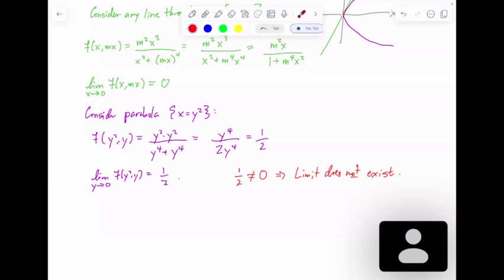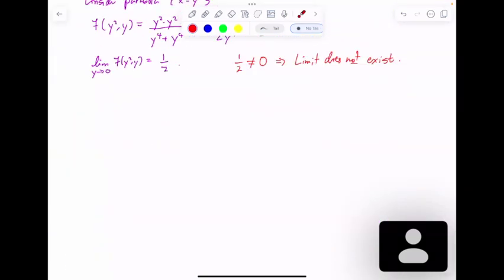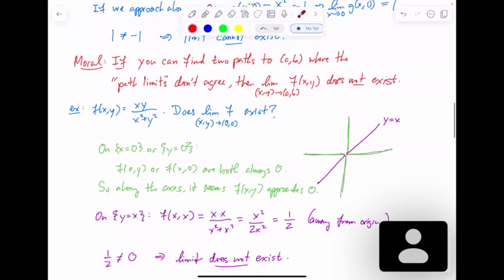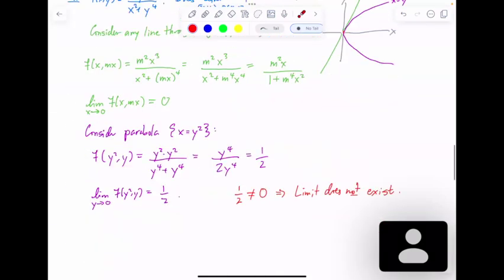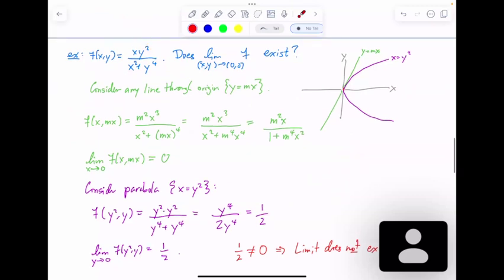And when this comes up in tests or exams or homework, a lot of functions end up looking like this or similar ones. You're going to have to try the techniques we give you. If none of the techniques we give you to assure a limit exists work, then in order to definitively show it doesn't exist, you'll have to substitute in either lines or maybe parabolas or maybe something like x equals y cubed to demonstrate exactly why the limit doesn't exist.